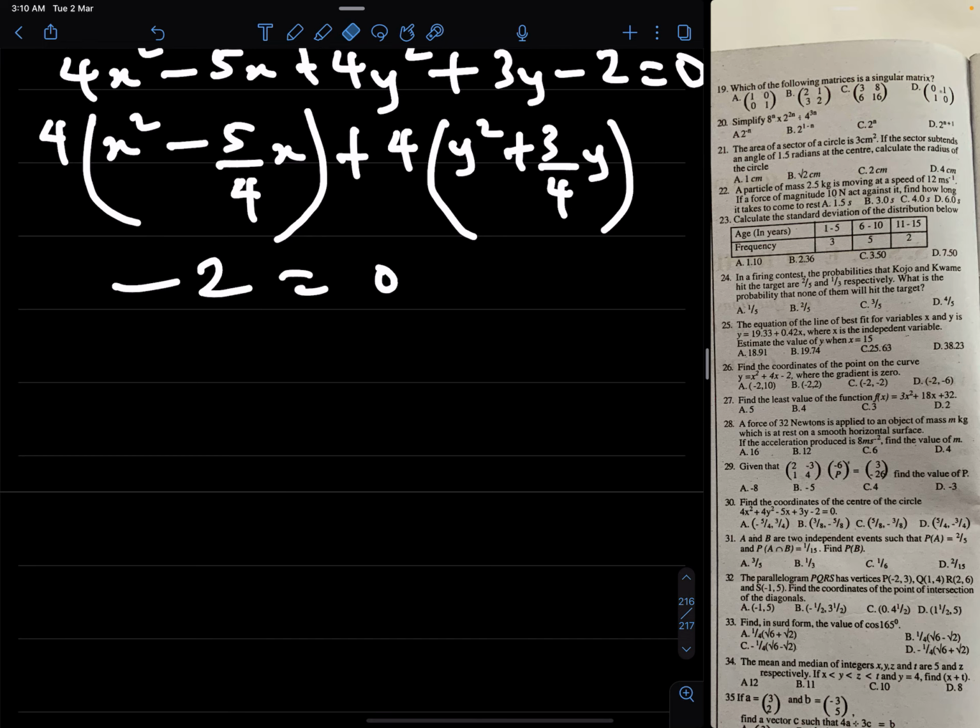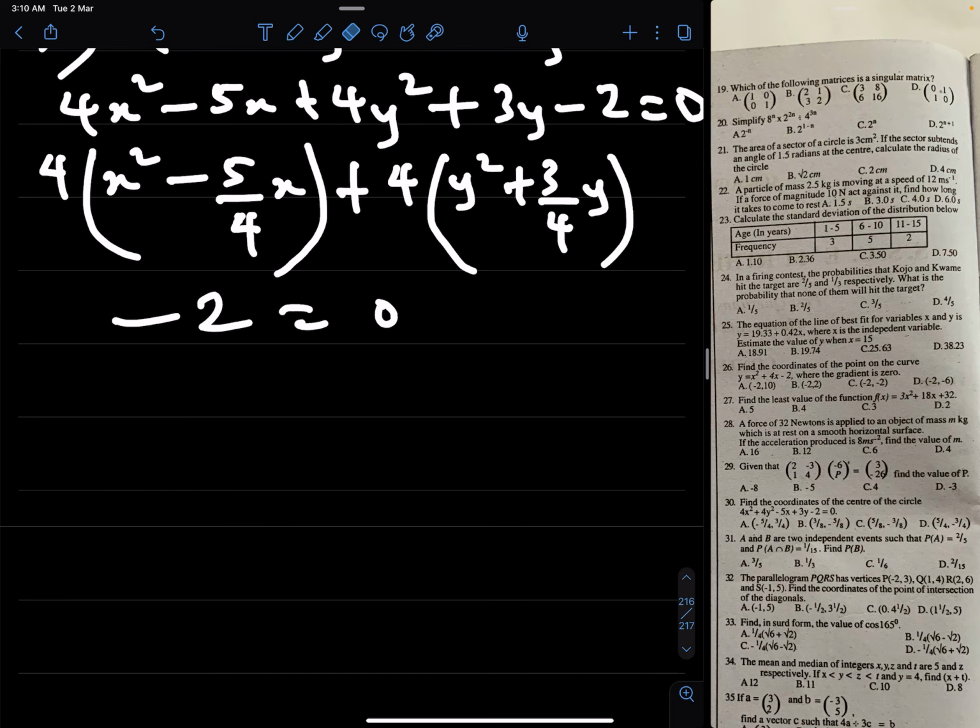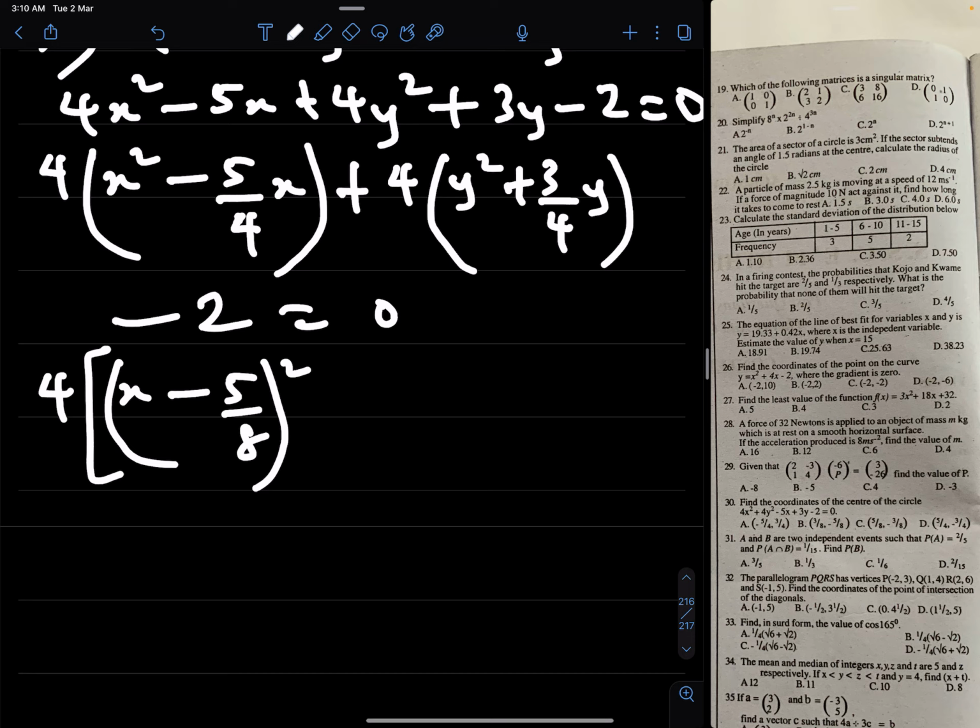The continuation of the line before it, and that simply means 4. Now I can complete the square into x minus half of minus 5 over 4, which is minus 5 over 8, all squared, minus the square of that half, which is minus 5 over 8 squared, the same as 25 over 64.